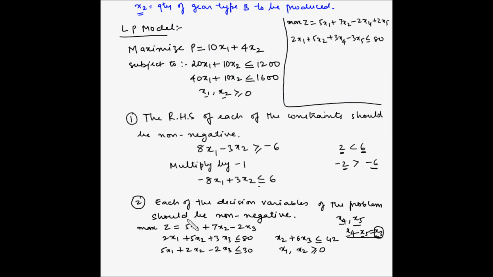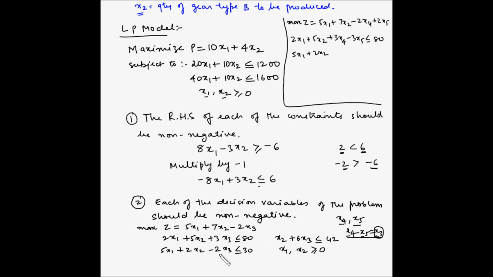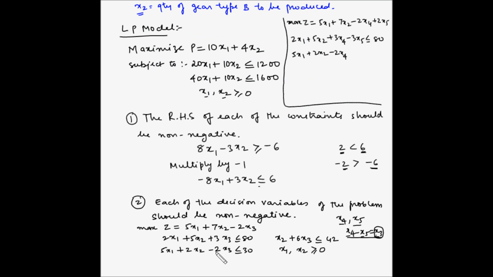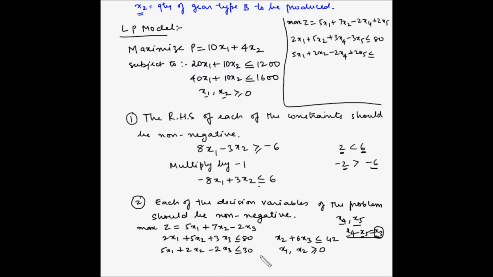The second constraint, 5x1 plus 2x2 minus 2 times x3. So this becomes minus 2 times the bracket x4 minus x5. So minus 2 times x4 and then minus will become plus, so plus 2 times x5. And this is less than or equal to 30.